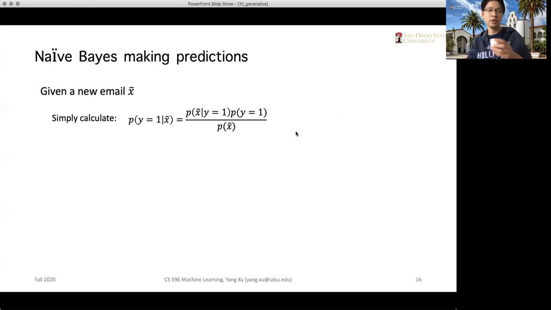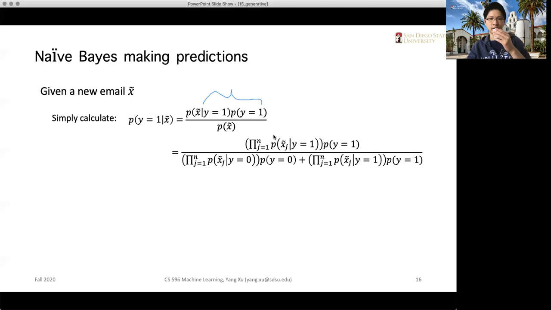Given the new email x tilde, we can compute the posterior, which is y equals 1 given x tilde. By the Bayesian rule, we multiply likelihood times the prior, divided by the probability of x tilde.